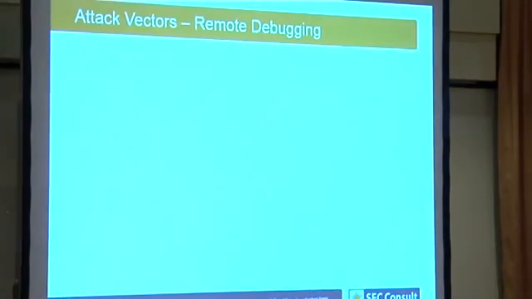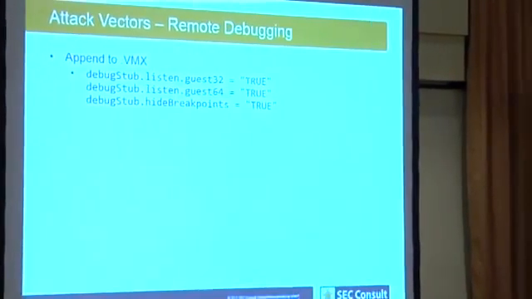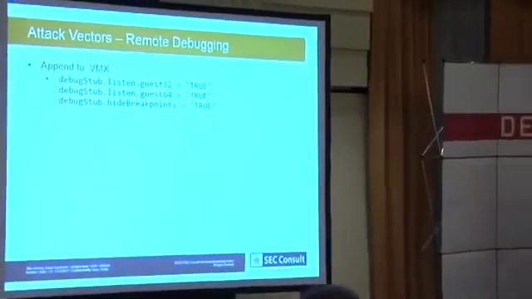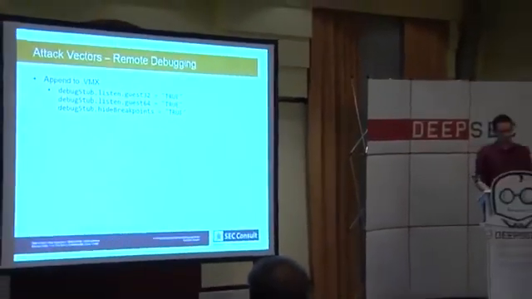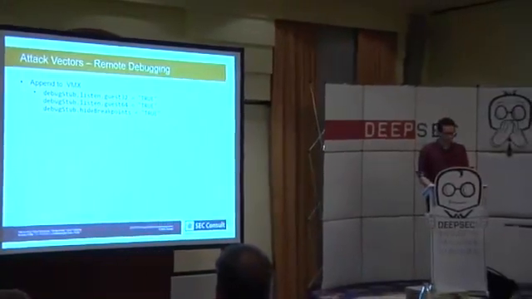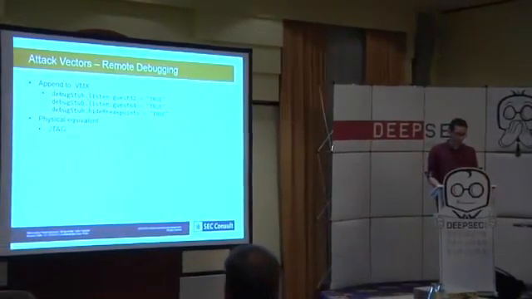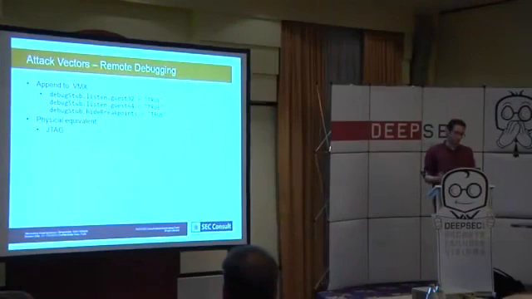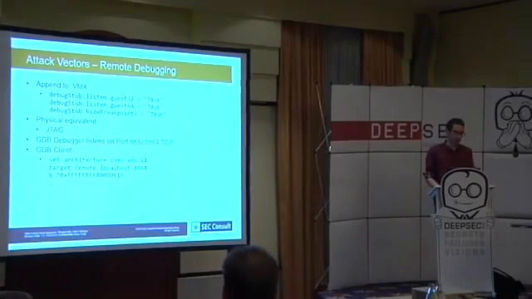Okay, there's another attack vector which we've identified. I'm just going to touch on it briefly. It's remote debugging. This is the remote debugging feature that VMware implements. You can activate it using these lines. This is the virtual equivalent of JTAG, so CPU level debugging, which results in 2 ports that are listening on localhost.